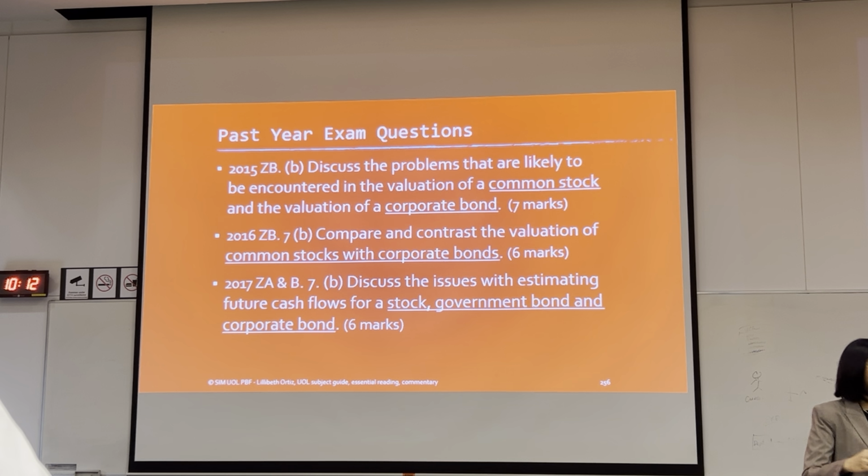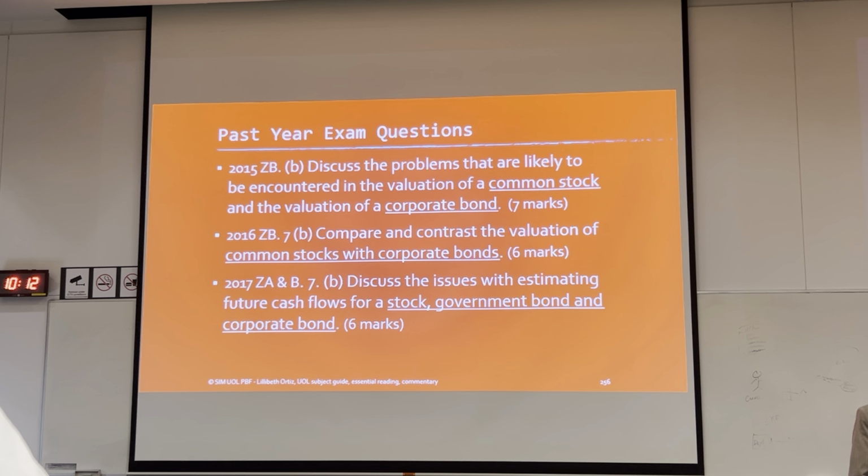They always ask some combination of two or three of them, and you compare how these are valued or what problems you might face when you value them. So this is a group of exam questions being asked.